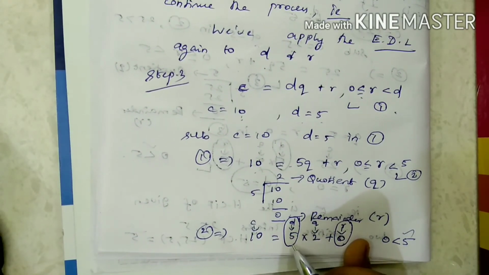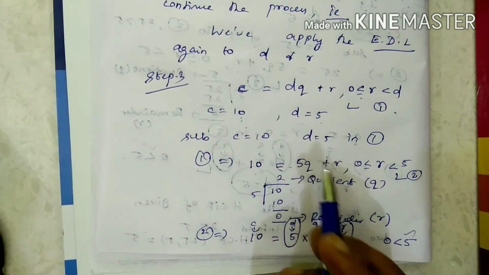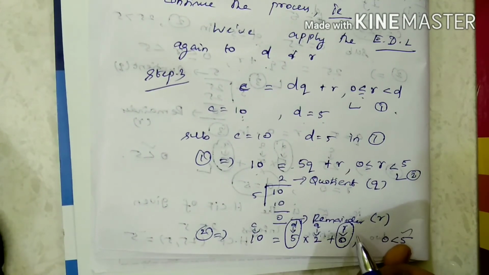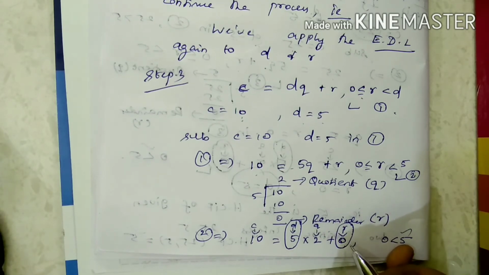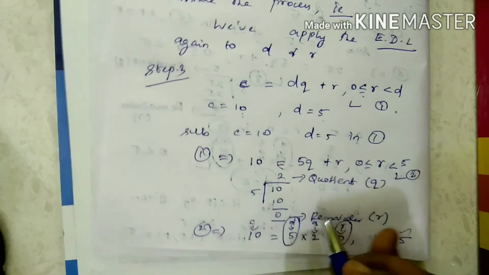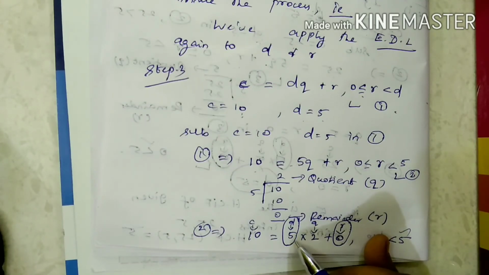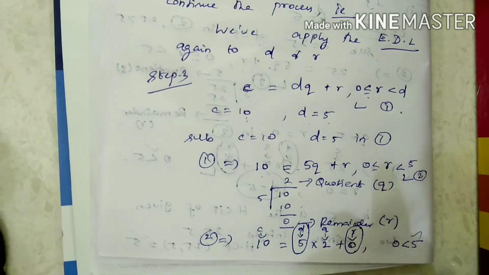That will be the HCF of the given numbers. When r becomes 0, the D value, the divisor, becomes the HCF of the given two positive integers.